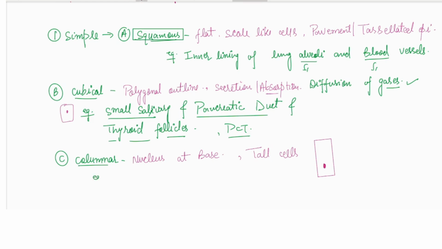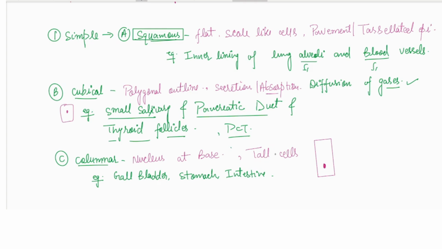Now what is the location for it? The location would be the gallbladder, stomach and intestine. So simply you can say in the digestive tract, the inner surface of the tract would be covered by the columnar epithelium.